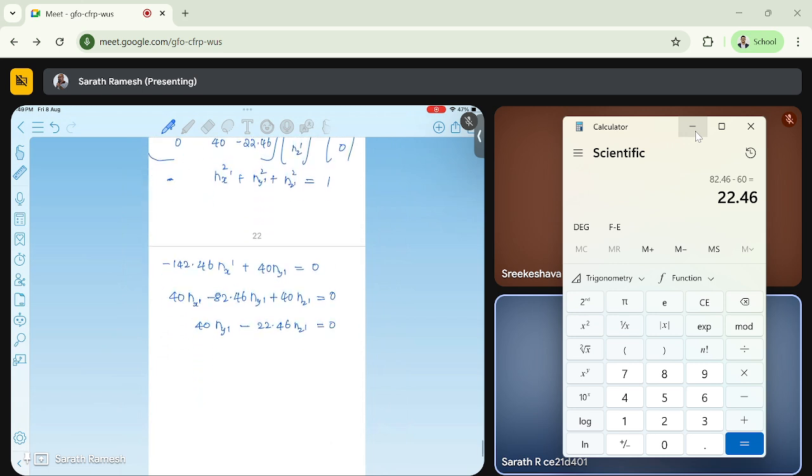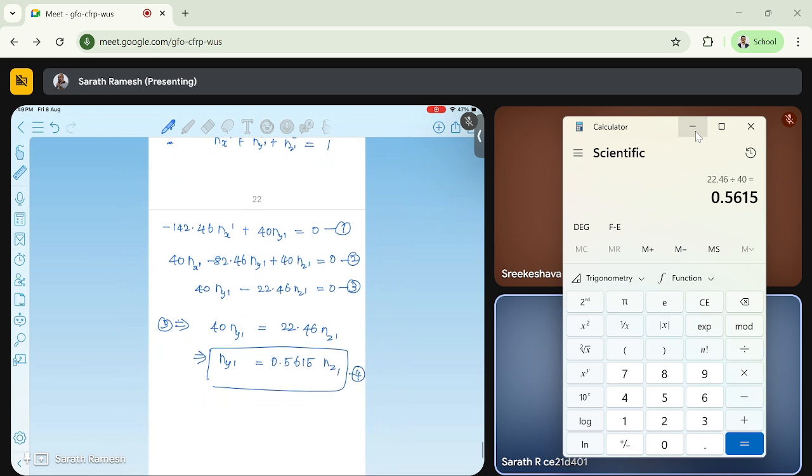So let's take these as 1, 2, 3. From equation number 3, 40 ny1 will be equal to 22.46 nz1. So ny1 is 22.46 divided by 40, which is 0.5615 nz1. This is equation number 4.